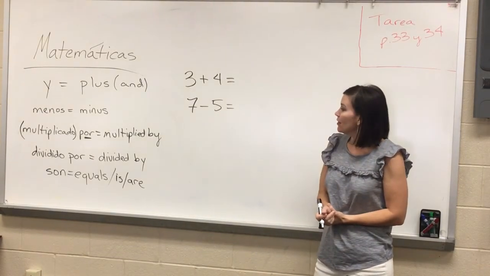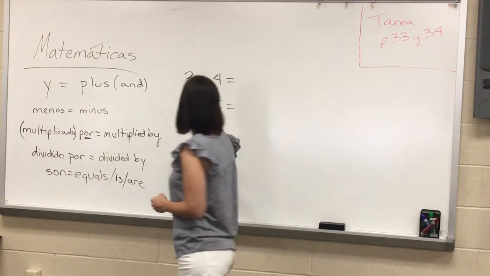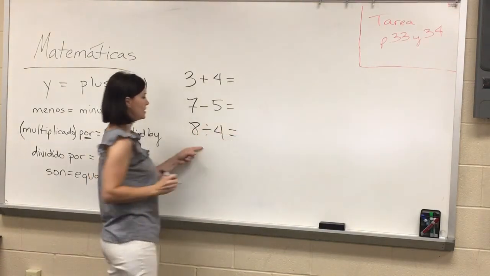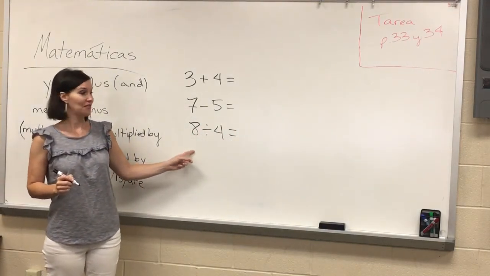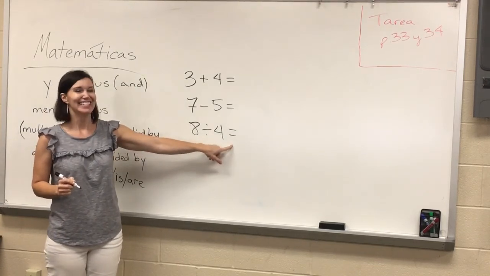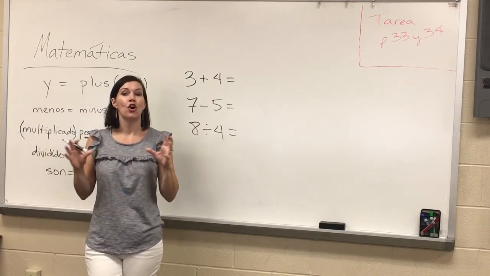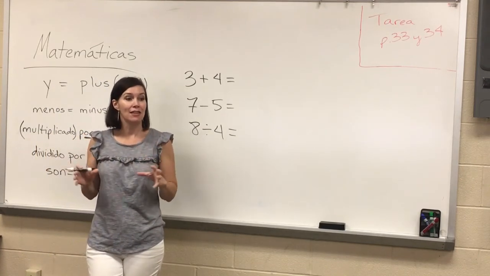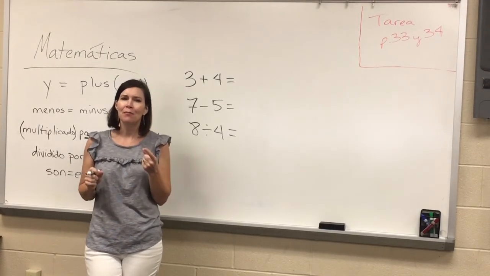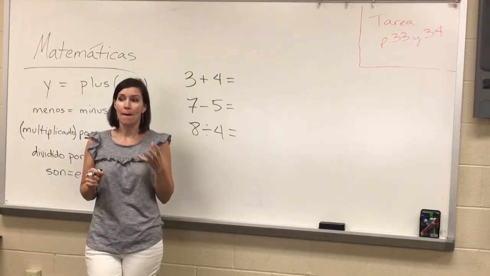Okay, let's do a couple more together, juntos. Let's use a divided by. So how about this one? How would I say that? Let's say that one together. Ready? Dividido por. Again. Dividido por. All right? And remembering that the V doesn't really sound like a V in Spanish. It's more of a B, a ba.